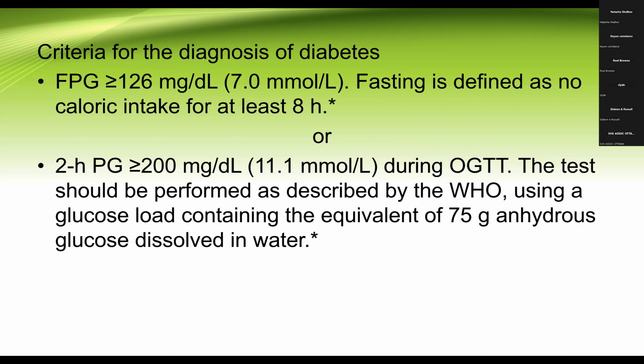Go and do your test. After you finish your blood test, you have your breakfast. So we notice the fasting plasma glucose is equal to 126 milligrams per deciliter or greater, or 7 millimoles per liter. This is one of the tests that we use for an individual so that we can find out whether or not they're diabetic.